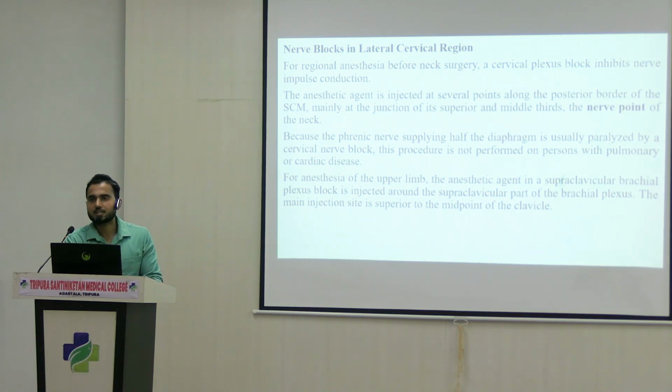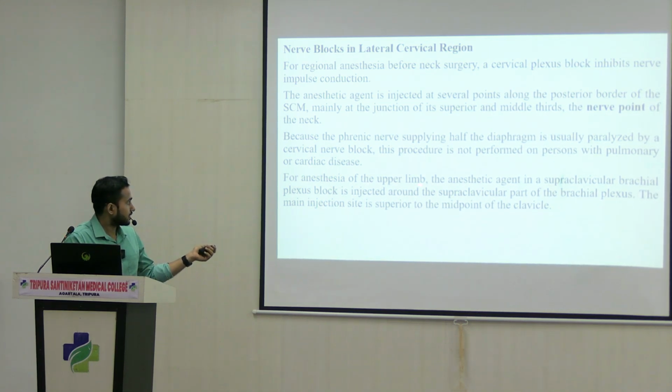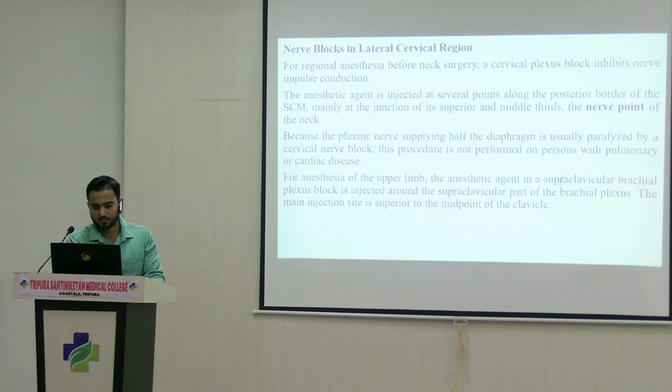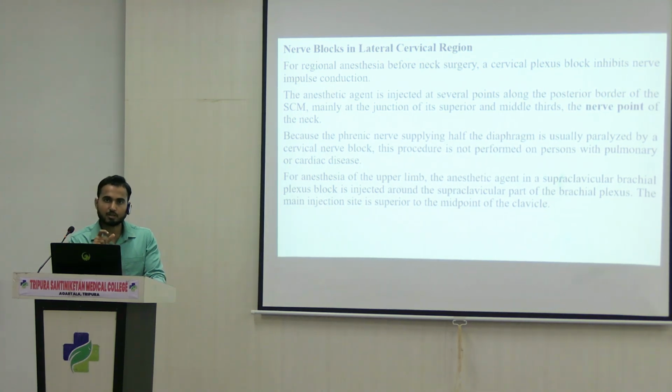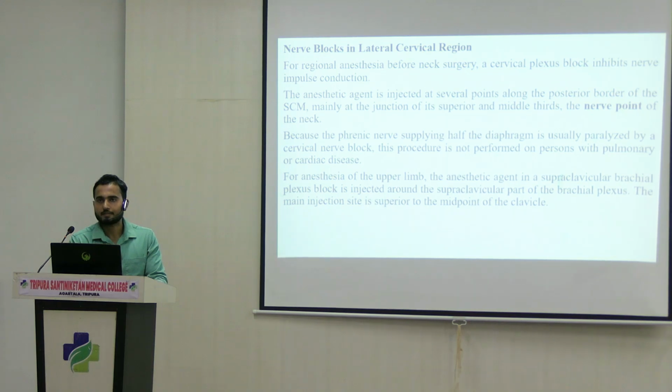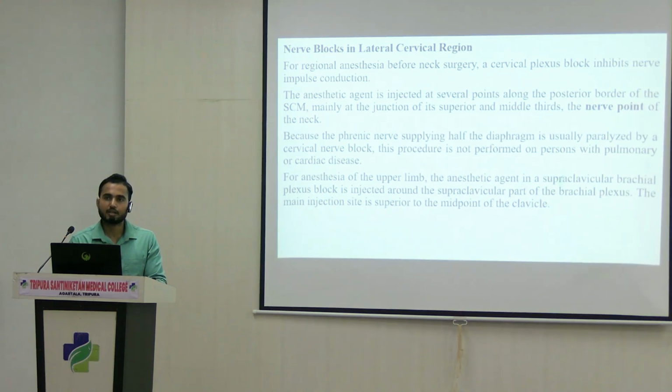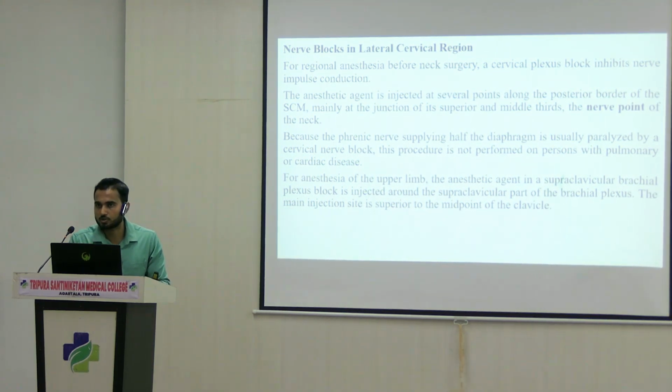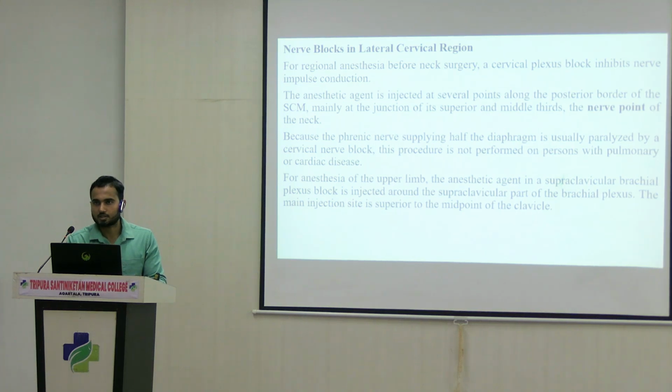Next, for anesthesia for any surgery done on the upper limb, the agent is introduced around the supraclavicular part of the brachial plexus, that is, superior to the midpoint of the clavicle. So these are some important areas where anesthetic agents are introduced before doing surgeries.